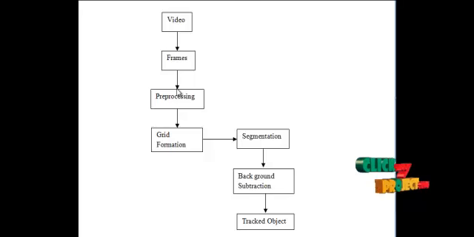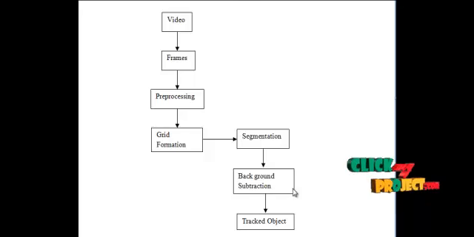Then we go to the DWT process. In the DWT process, the frames were split into 4 coefficients based on the different types of filters available. So using wavelets we separate the input image into coefficients, and after that we segment the required object of interest using the background subtraction method.